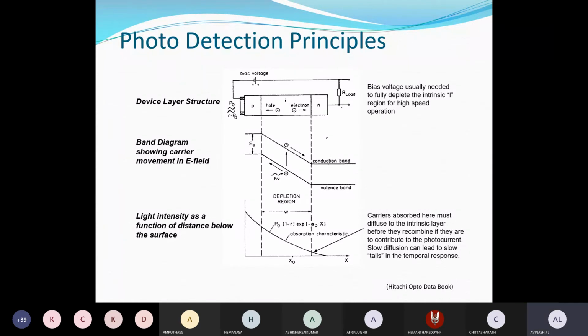Carriers absorbed here must diffuse to the intrinsic layer before they recombine. If they contribute to the photocurrent, slow diffusion can lead to slow tails in the temporal responses. Please make a note of this particular diagram, all of you.